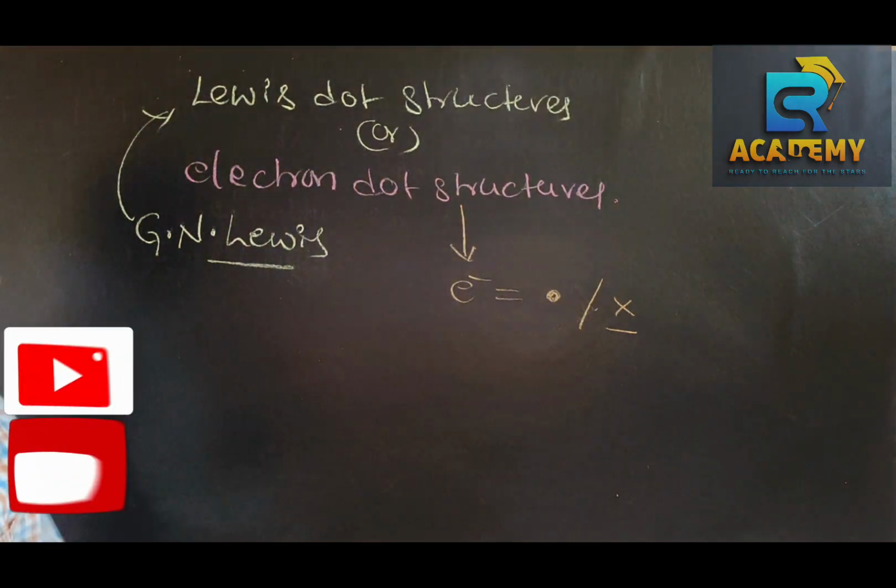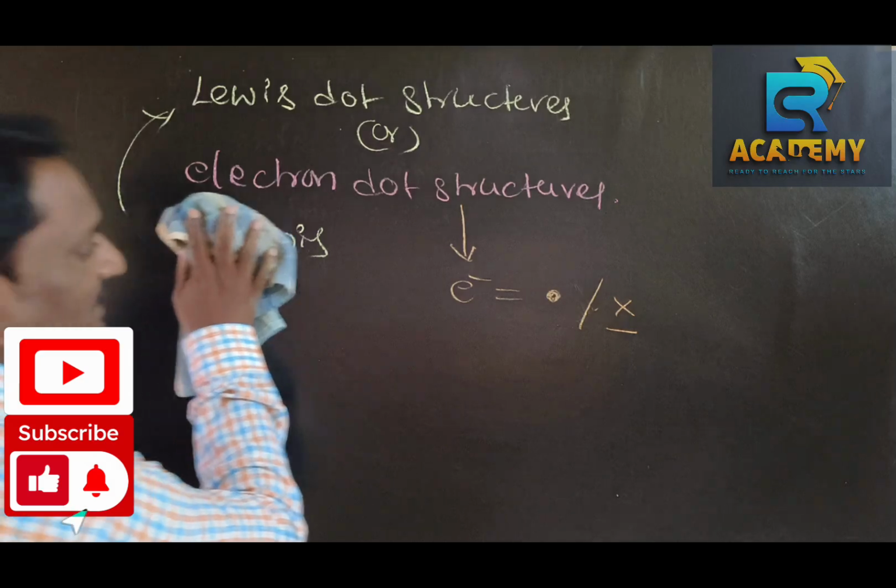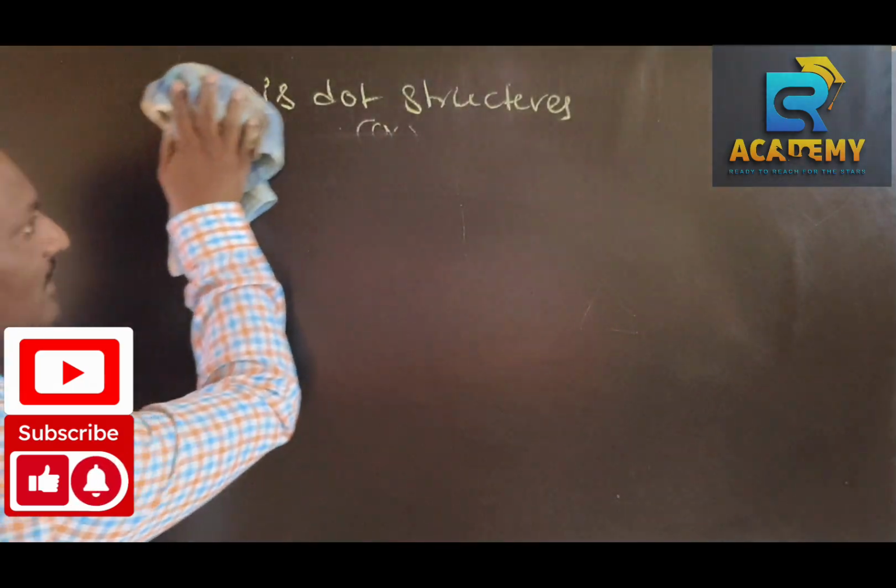Now, what is meant by Lewis dot structure or electron dot structure? Please make a note.